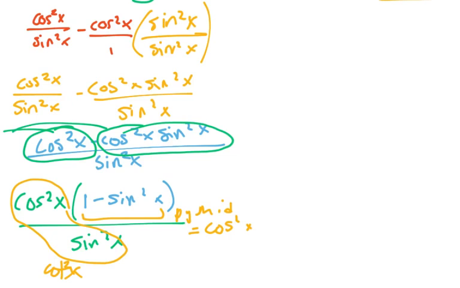So we have a cosine squared and a cotangent squared, and in the answer they have cosine squared first. That's fine, because multiplying can be in a different order if it needs to be.